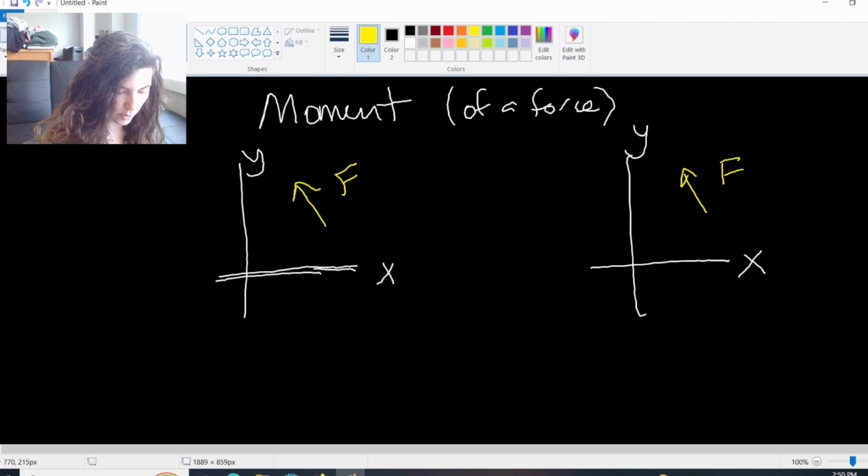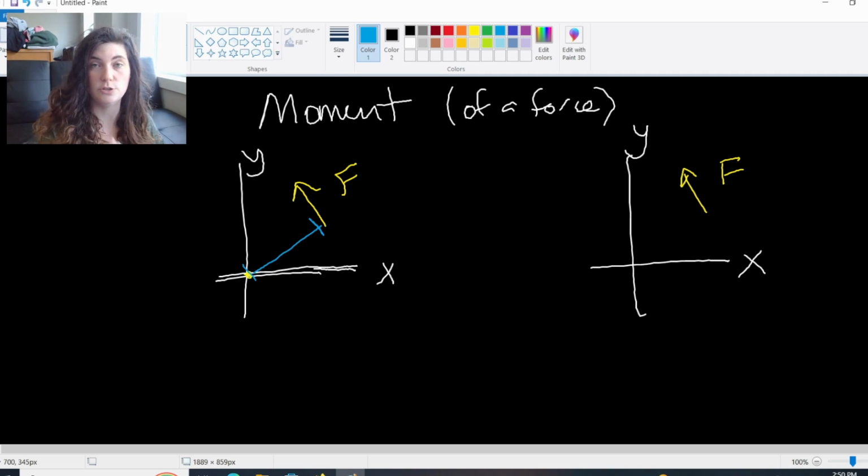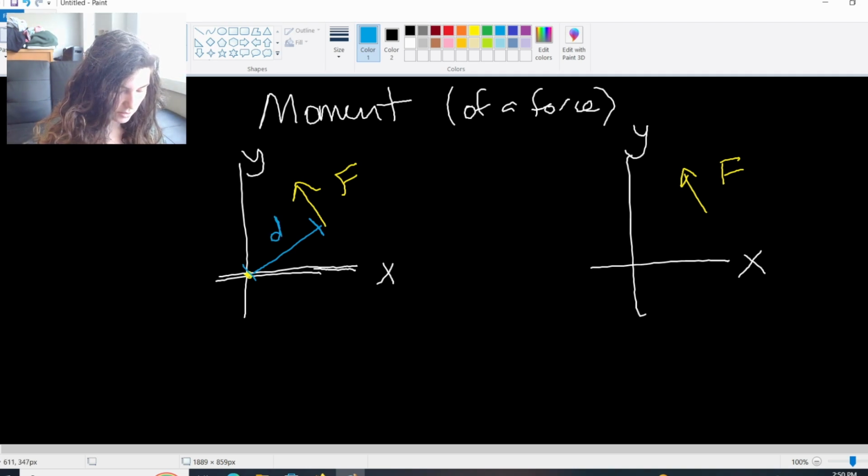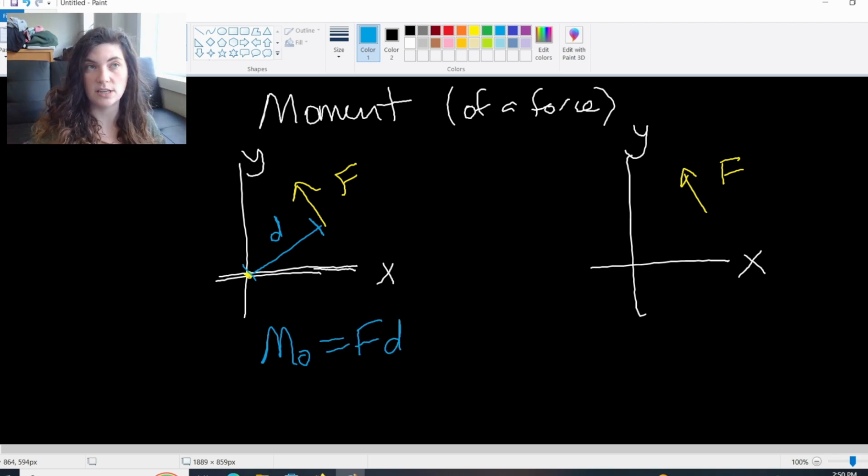So if we're taking a moment about the origin here, there are two ways we can describe this in scalar analysis. One is that we can find the perpendicular distance, right? That's the distance that is going perpendicular to the force, D, and use our moment equation that we just defined, where the moment about the origin equals the force times the distance. Just their values, just their magnitudes, right?